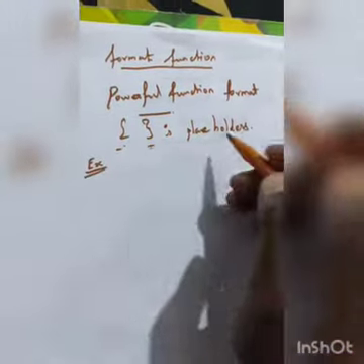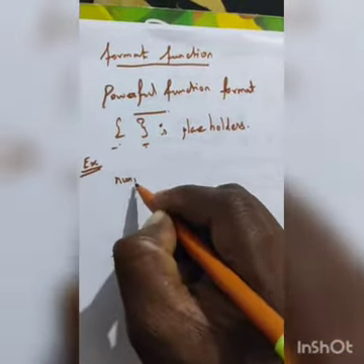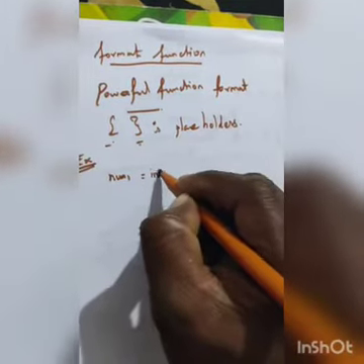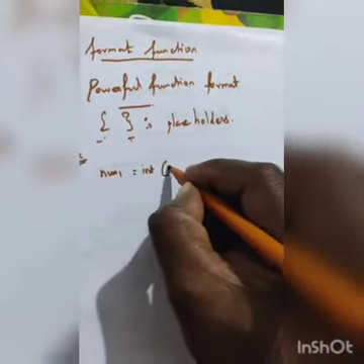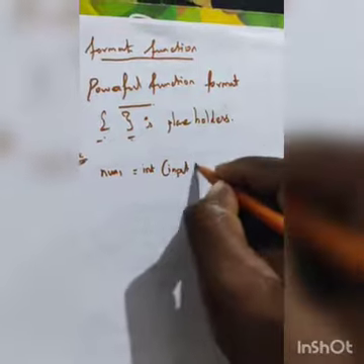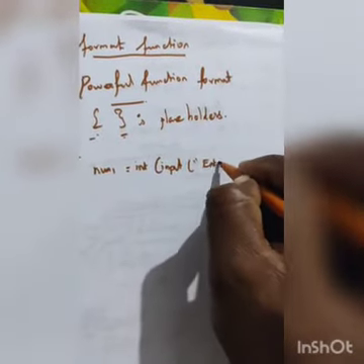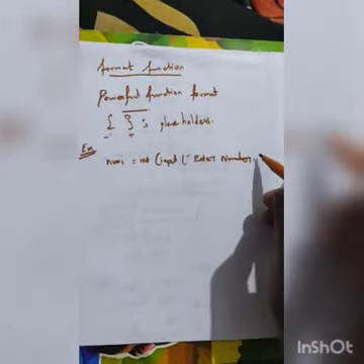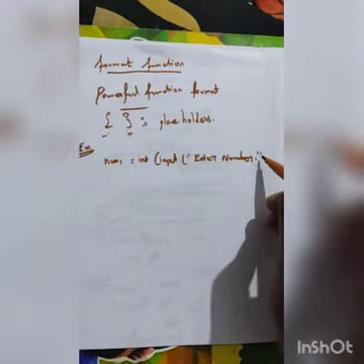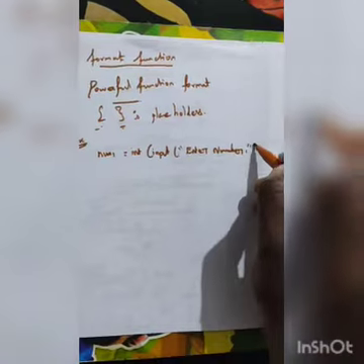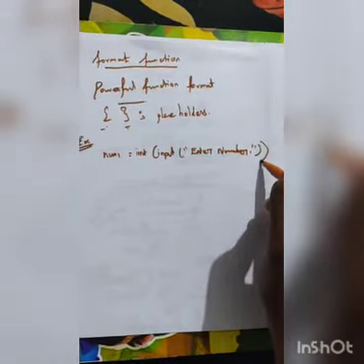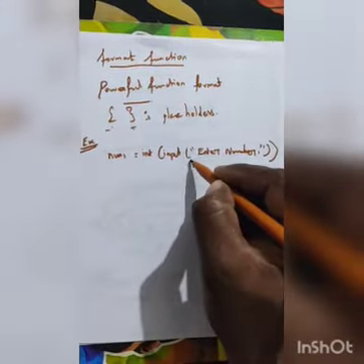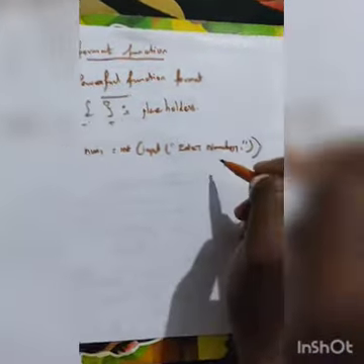So listen carefully. num1 is equal to int input, "Enter number 1", then close the double quotation, then close the bracket, and close this bracket as well.